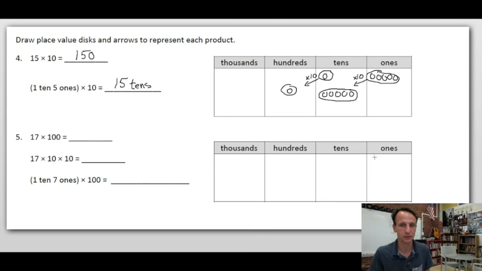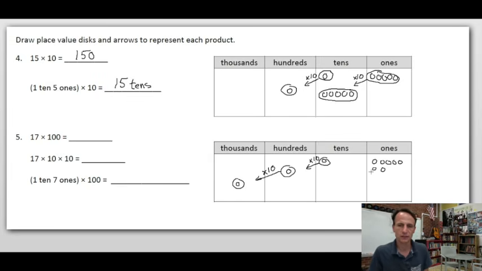Let's do 5 now. Okay, so we have 17, which we write as 1 ten, and then 7 ones. And we're multiplying by 100, so we're going to ride that times 10 slide twice, because 10 times 10 is 100. Times 10, there is 100, which again, times 10 is 1,000, okay?